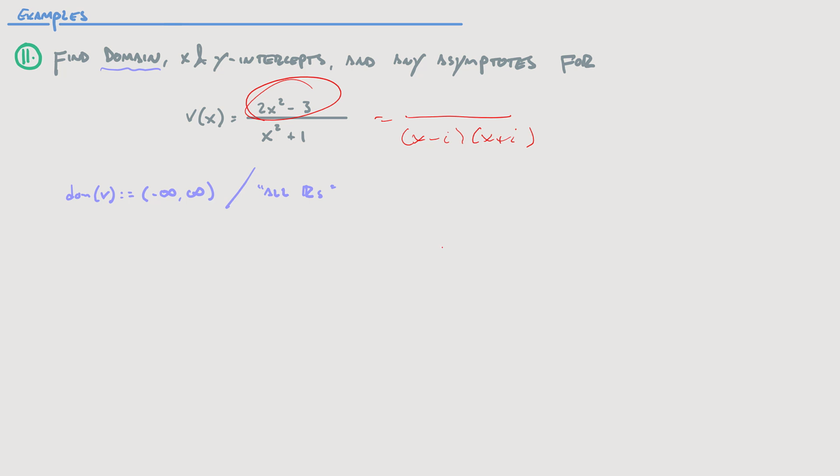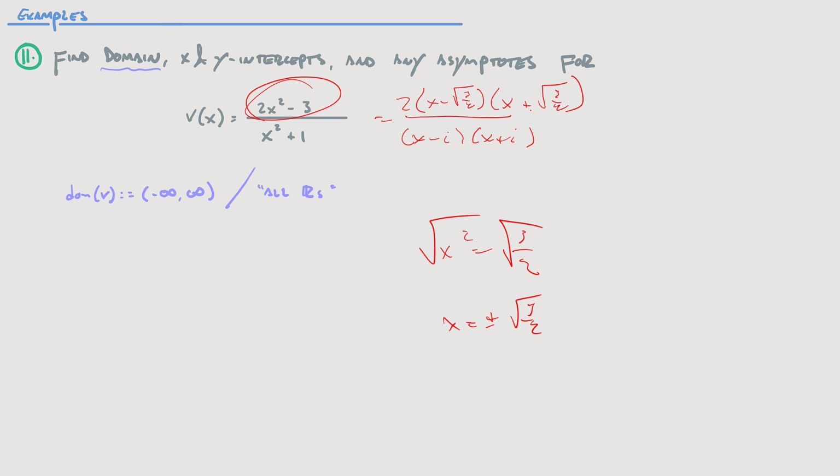If you set it equal to 0, you'd get x squared is equal to 3 halves, and then you take the square root of both sides, so you get x is equal to plus or minus the square root of 3 halves. So it factors into 2 times x minus square root 3 halves. Oh my gosh, my handwriting is terrible. And then x plus square root 3 halves. So yeah, it definitely doesn't cancel with anything in the denominator.